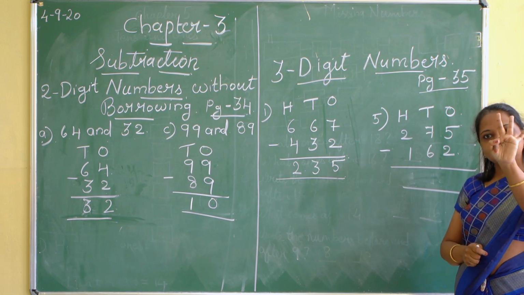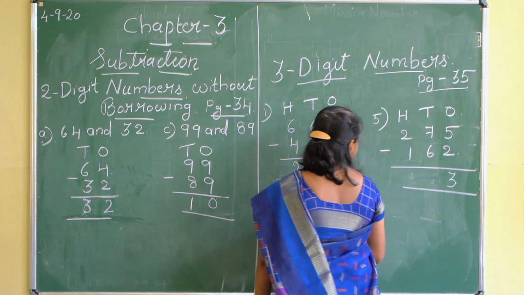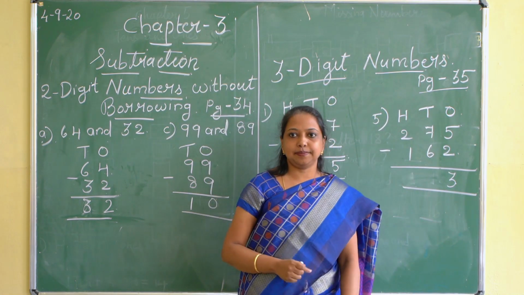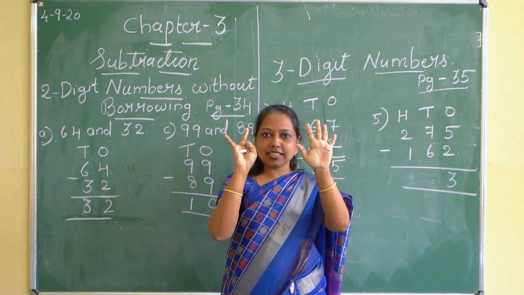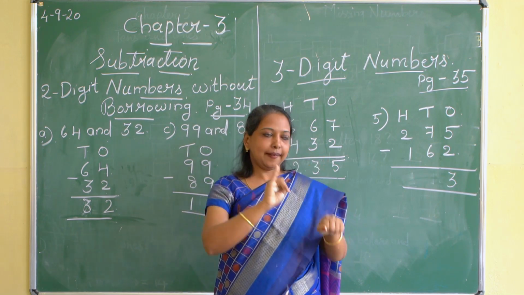You got 3. Now 7 minus 6. Take 7 fingers and fold 6 fingers. You got 1.